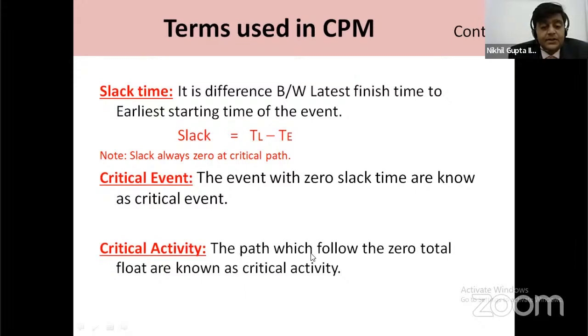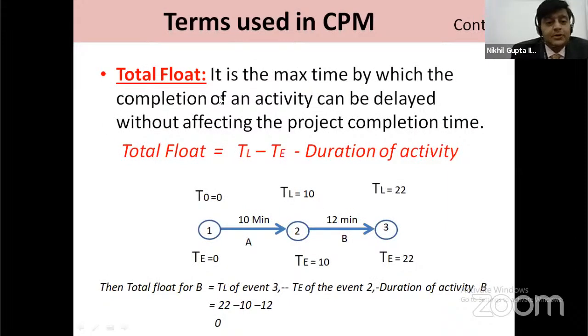Now, what is total float? Here, total float is the maximum time by which the completion of an activity can be delayed without affecting the project completion time. Means total float is equal to TL minus TE minus the duration of the activity.